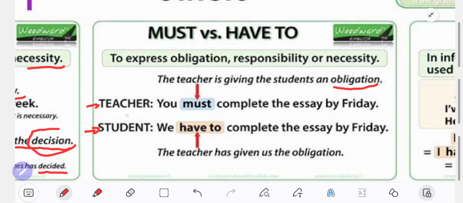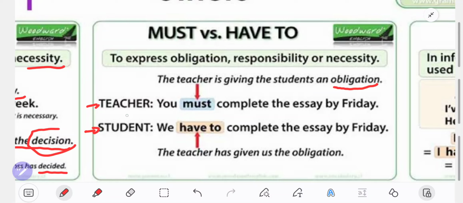And your teacher uses the word must. But if you don't do this task, you will get a bad score. Okay, so you have to do this work. Your teacher said it to the student with the word must.